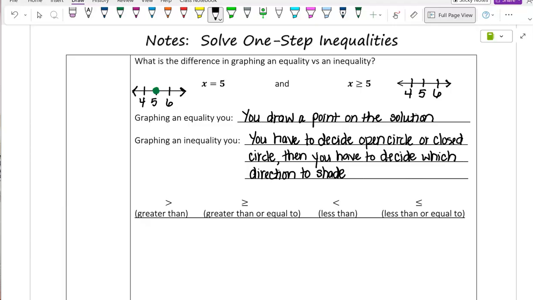And what we're talking about, open circle, closed circle, we're going to add a little here. So open circle, the number is not included in the answer.